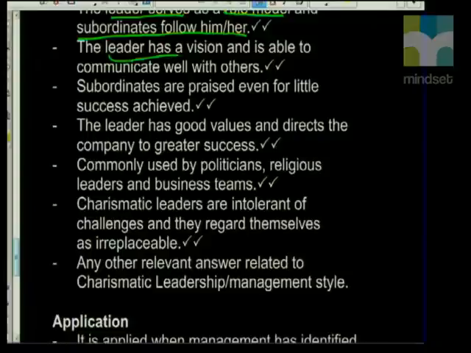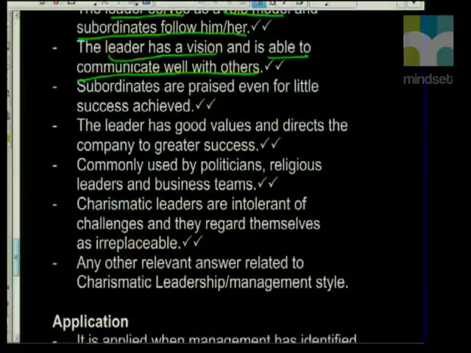Next, the leader has a vision and is able to communicate well with others. So there's good interpersonal communication. Next, subordinates are praised even for little success achieved. So it's a small task, but they did it well, and they're being rewarded for it almost through praise.